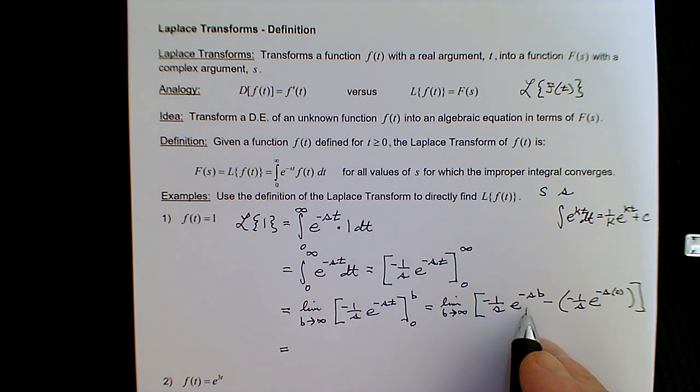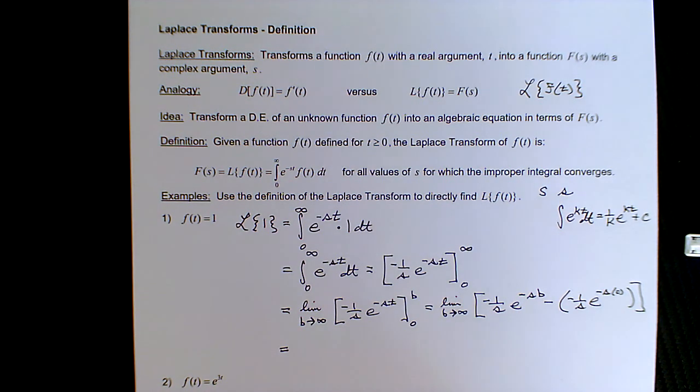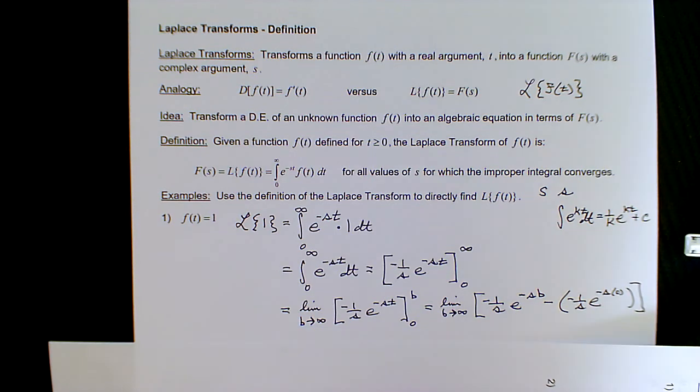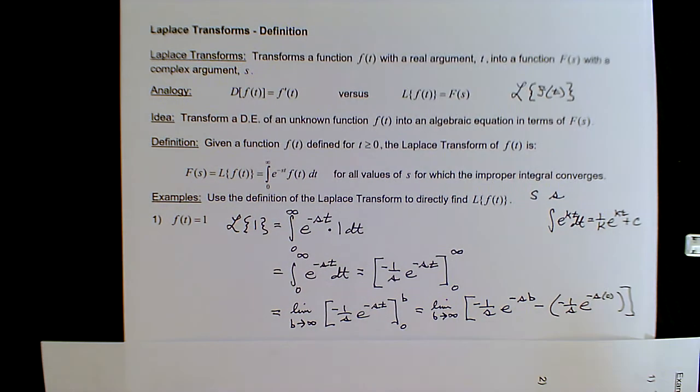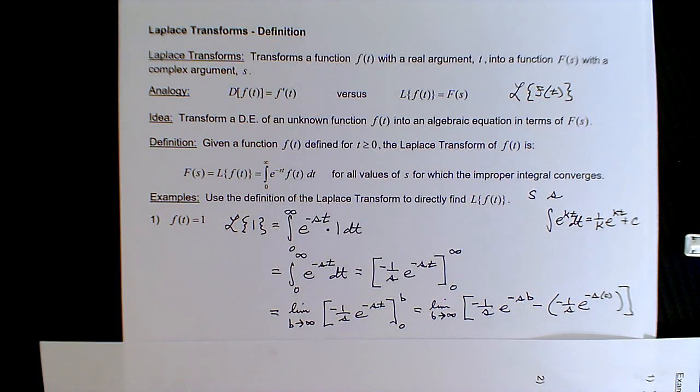So here, when we make a substitution, we get e to the negative infinity. And I'm going to show this aside. Basically, we have e to the negative infinity.